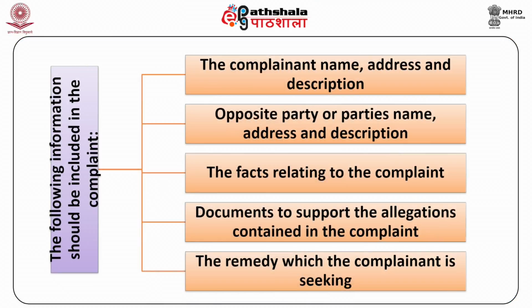The following information should be included in the complaint: the name of the complainant, the address and other details, the name of the opposite party or parties, the address and their details and description, the facts relating to the complaint, the documents which support the allegation against the producer or the seller, the remedy which the complainant is seeking, the relief that the complainant is seeking.